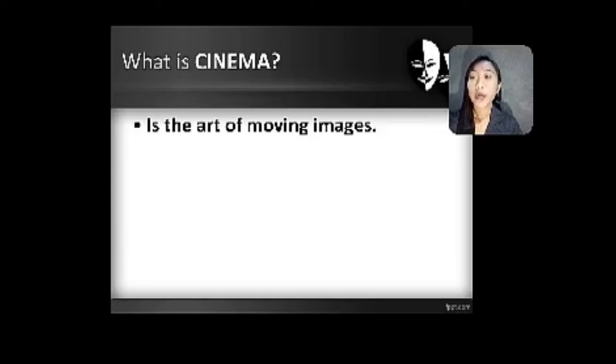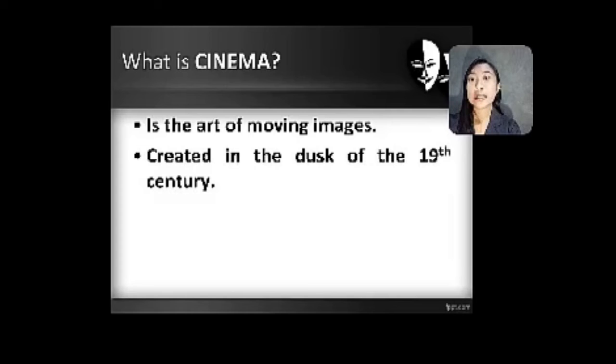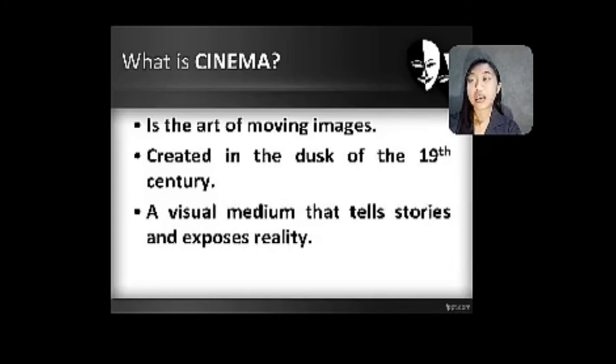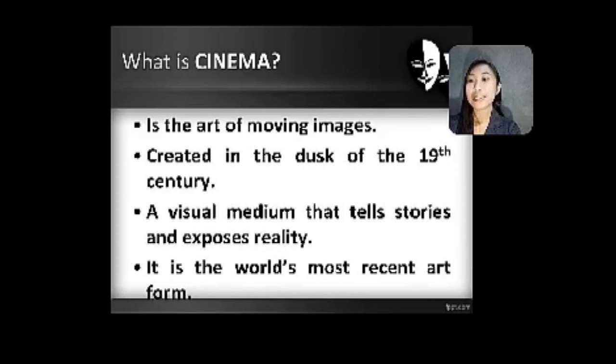Cinema or motion picture is defined as the art of moving images, created in the dusk of the 19th century. It is also a visual medium that tells stories and exposes reality. Cinema is the world's most recent art form. It is also by far the world's most complex, collaborative, and costly artistic expression.